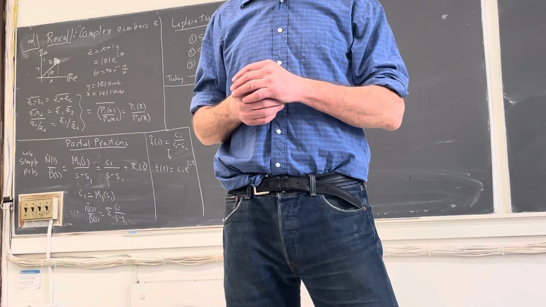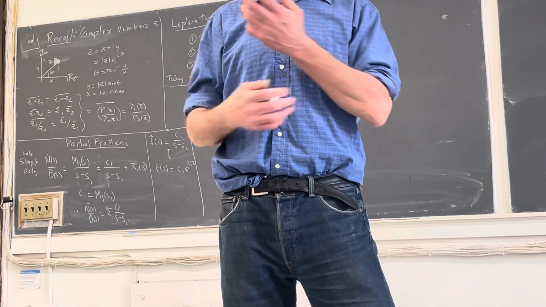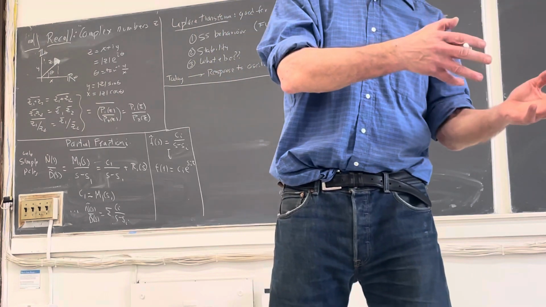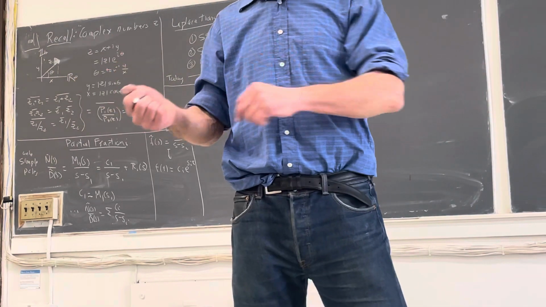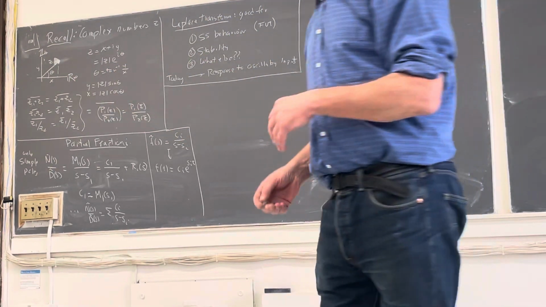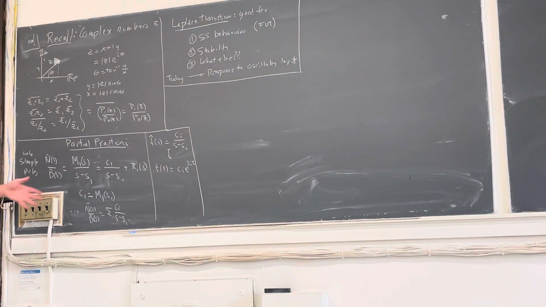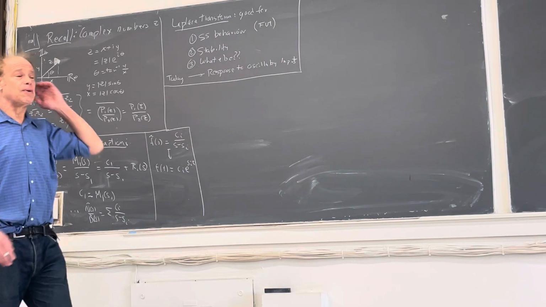However, what we found was a lot of information we could get without even doing the inverse to go back to T. To do the inverse, we usually had to use partial fractions, of which I wrote one example here with only simple poles.